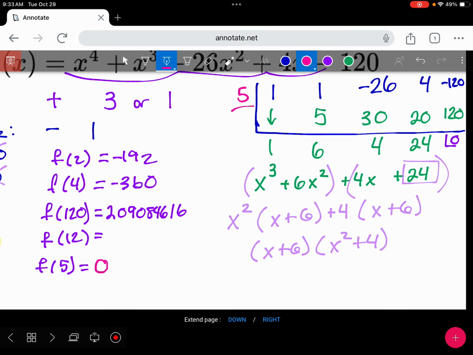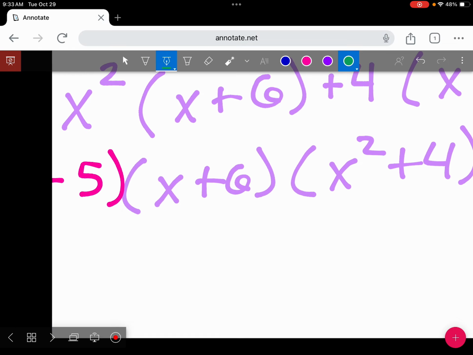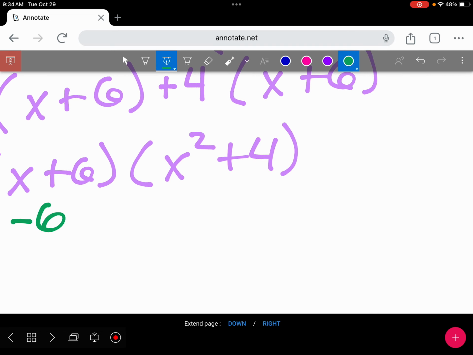Also, don't forget about this guy up here, our 5. He's still a part of this. So what are our roots going to be? This guy we know, that's our 5. That's our root. What's our root for the x plus 6? Negative 6. What about for x squared plus 4?